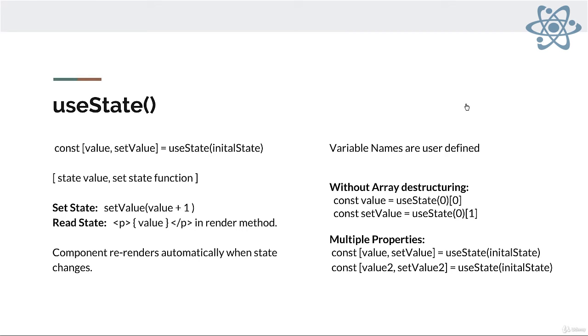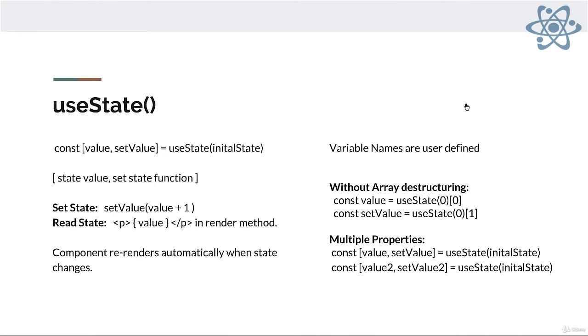The useState function returns an array of two elements. It returns the state value as the first element and the setState function as the second element. On the right hand side, I've shown you how it looks without array destructuring. Without array destructuring, I think it makes it a little bit easier to see what's going on. Both the value and setValue are user-defined variable names, and we can make them anything we want.